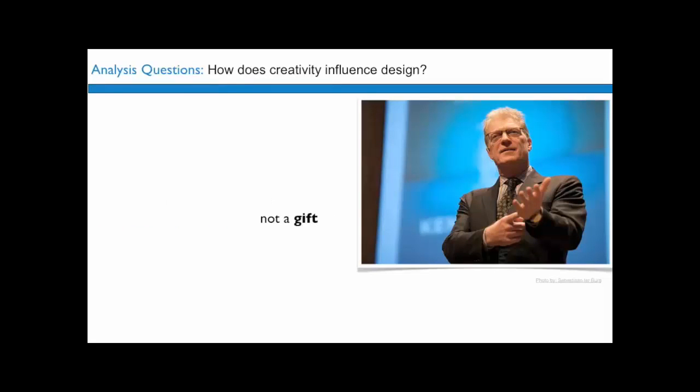It's not an event and it's not a gift that some people are born with. It's a skill, and this is a skill that is inherent in each individual. When it's supported, it will flourish, and when it is not supported, it will become impaired. It's very similar to a muscle. If it's not worked out, the muscle will become atrophied.